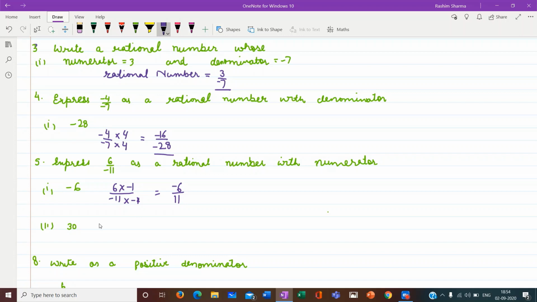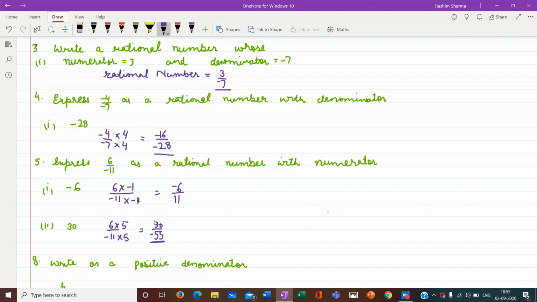And if we want to change 6 upon minus 11 as a rational number with numerator 30, what should be multiplied with 6 to make it 30? It is 5. 6 5s are 30. So same 5 we will multiply with denominator also. So we get here 30 on minus 55. So 30 on minus 55 is a rational number with numerator 30.